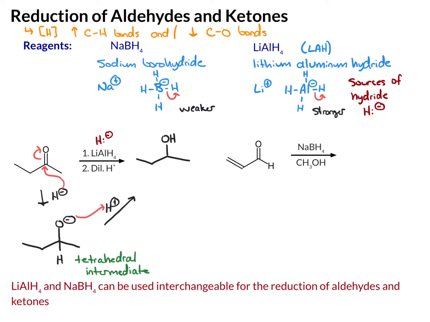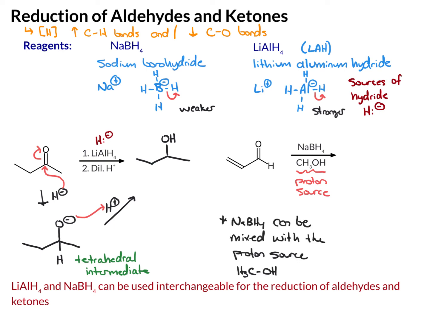The second example uses sodium borohydride and methanol. Methanol is the proton source. The one difference here is that because sodium borohydride is a weaker reagent, you can actually mix it with the proton source. So here in this example, we're going to take the starting material and add a hydride to the carbonyl.